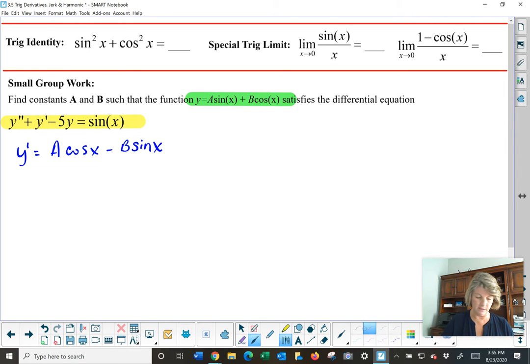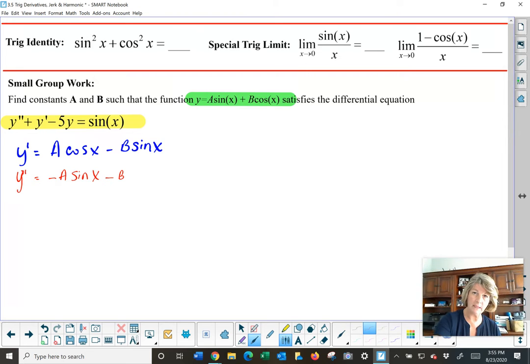And then let's go to double prime. Y double prime will be negative a sine x minus b cosine x. All right, so we have those two pieces.